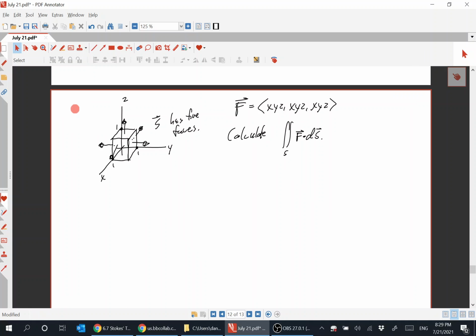Okay, so in here we were asked to calculate the vector flux, F dot dS, over these 5 faces of the cube.